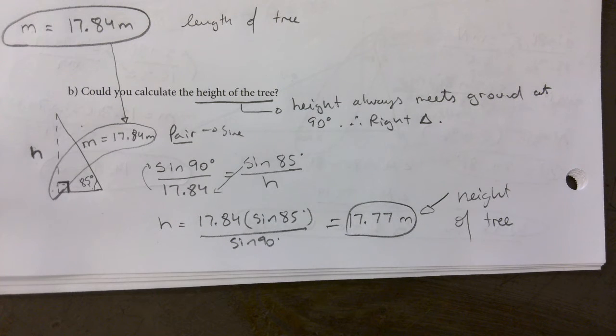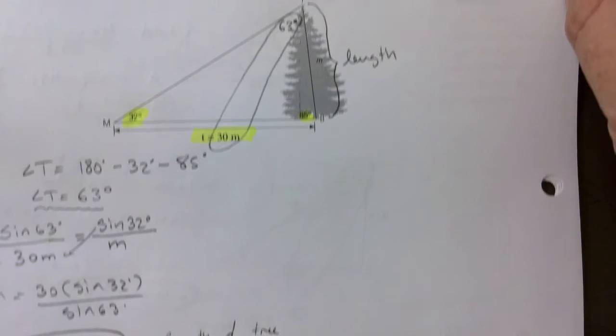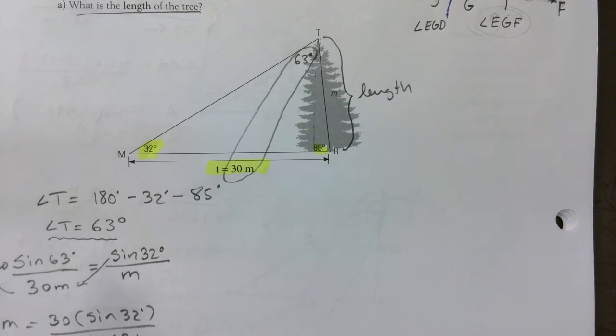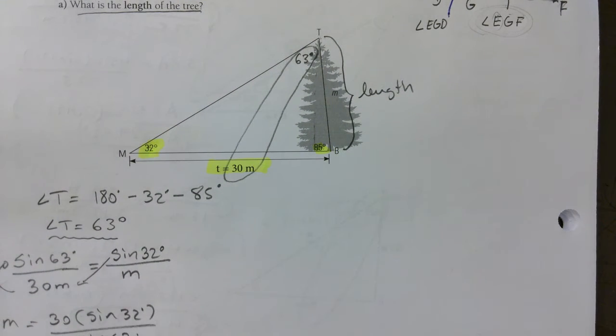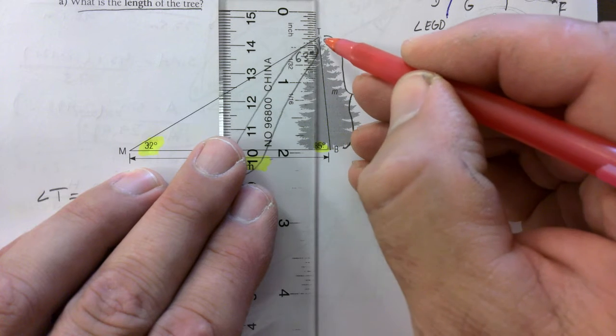So listen carefully because you're about to try one question like this on your own. I want you to go back to the first one. If you have a different color, it'd be great. If you don't, that's fine. But I'm going to draw that height into that question.